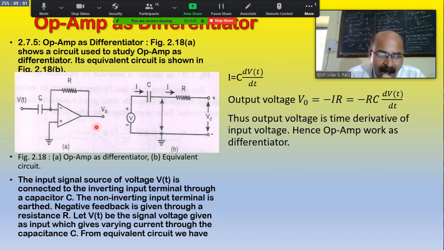Here the output is fed back to the inverting terminal, shown by the negative sign. Which type of feedback was found here? Negative feedback, because the voltage connected at the inverting terminal and the output are 180 out of phase, and hence negative feedback was achieved by connecting the output voltage back to the inverting input terminal.